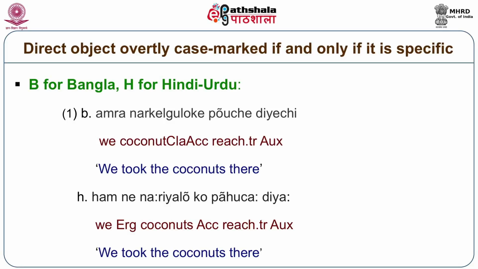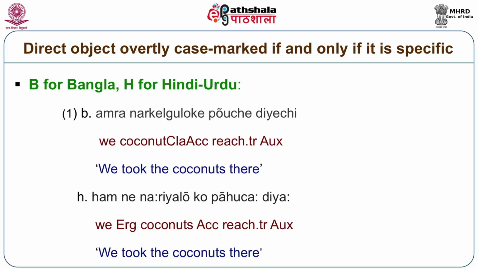The additional difference is that sentence 1H has the verb pahuncha diye agreeing in gender and number with nariyal, which is masculine plural. So the verb is in the masculine plural. Whereas 2H, nariyalon ko pahuncha diya, pushes the verb into the default third person singular masculine agreement that you get when the verb doesn't agree with anything at all.